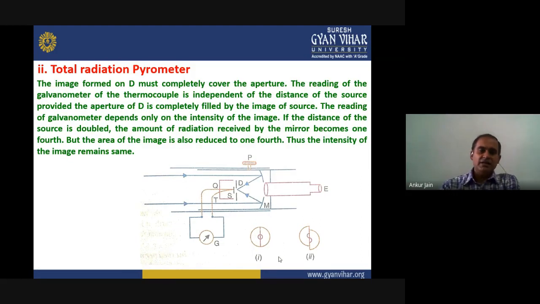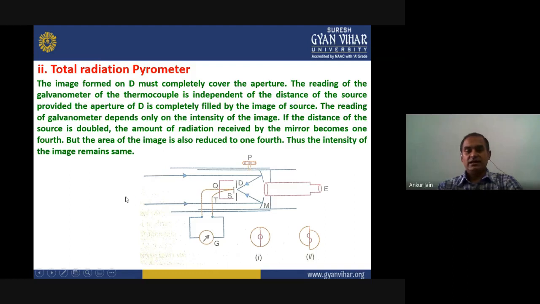Now the image formed on D should cover the aperture of this lens. The reading of the galvanometer connected through the thermocouple is totally independent of the distance of the source, provided the aperture of D is completely filled by the image of the source.